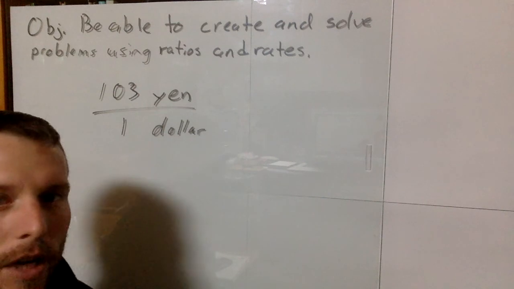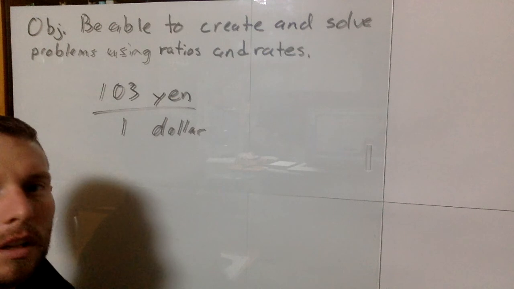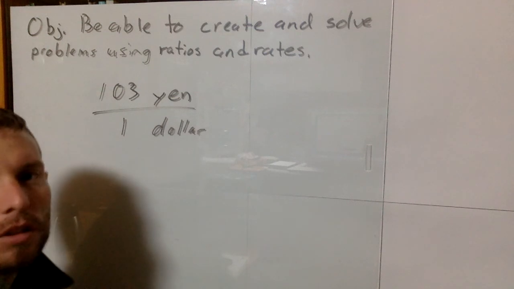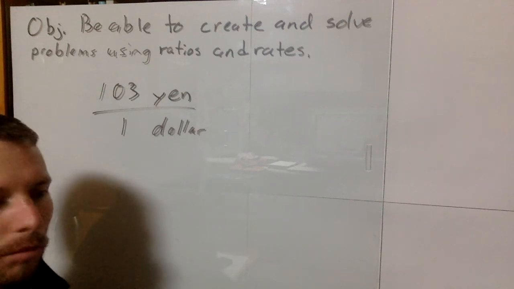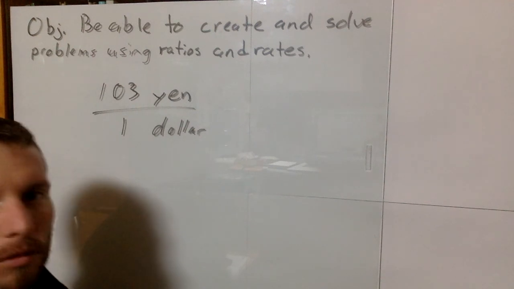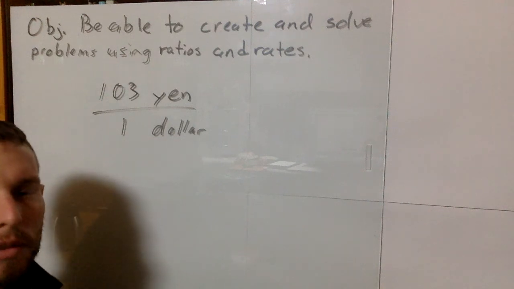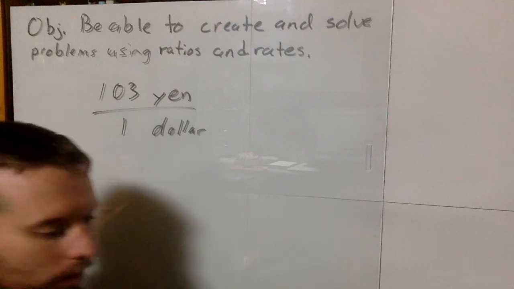This is a rate because even though they are both money, yen and dollar are two completely different systems of units for measuring currency. So this would be an example of a rate that you might see.